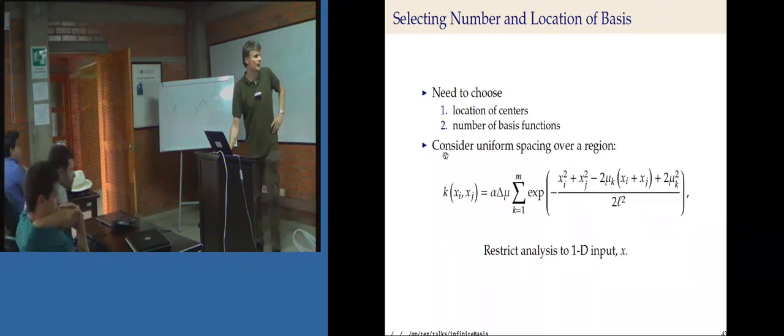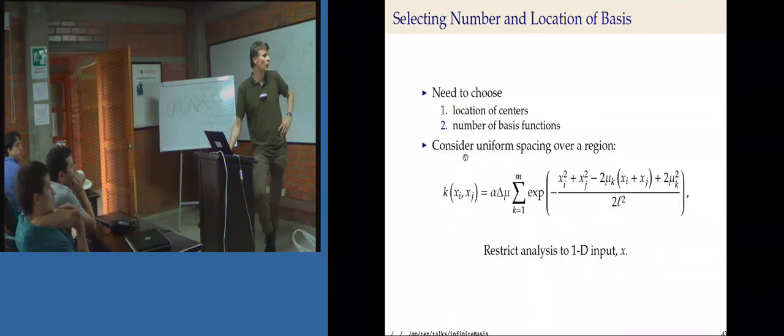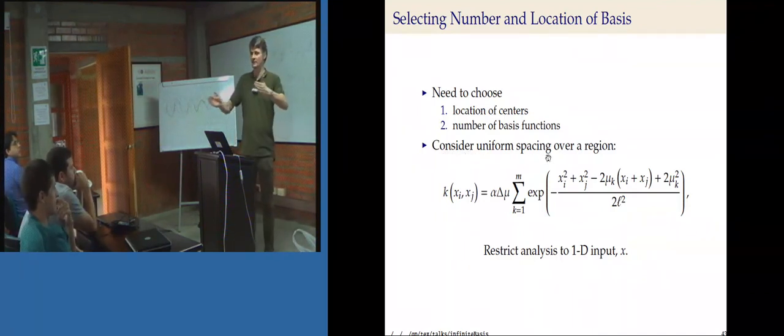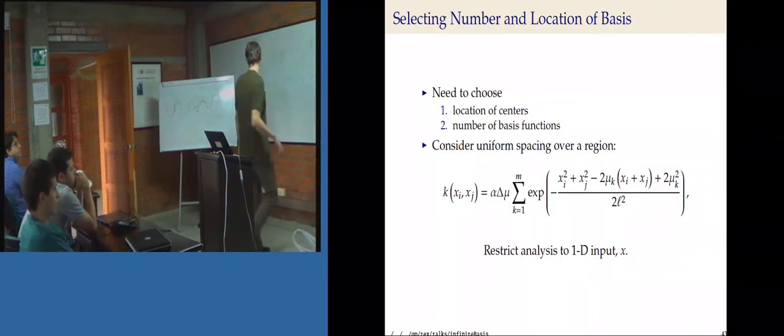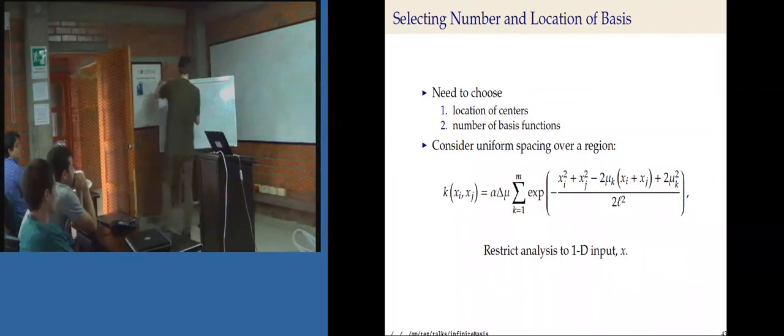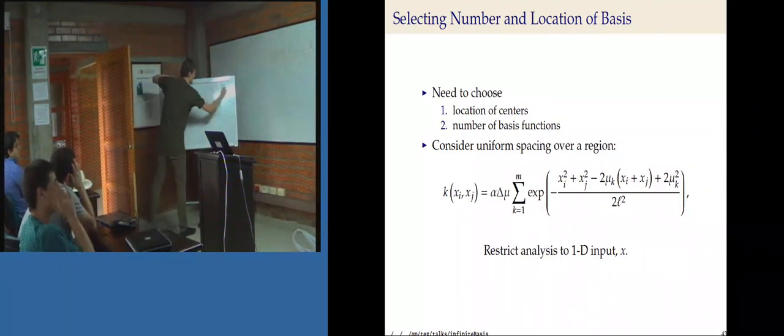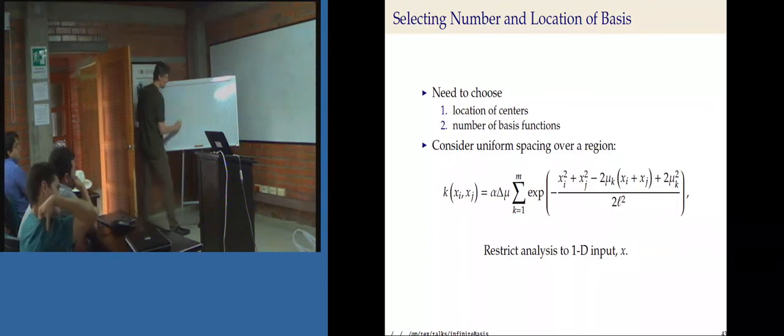So what I want to do is consider what would happen if we uniformly space these bases over an interval from A to B. So the model I'm trying to put together now says that these basis functions, so this is where we're trying to predict.